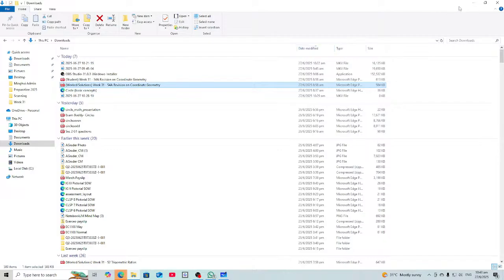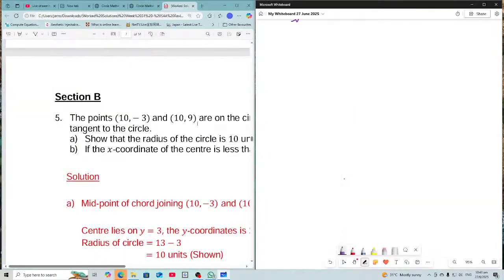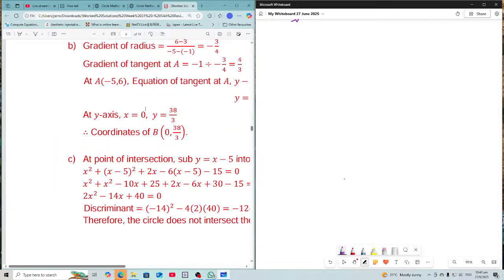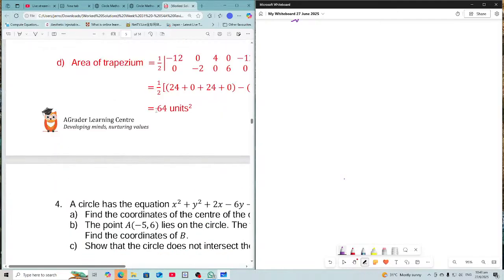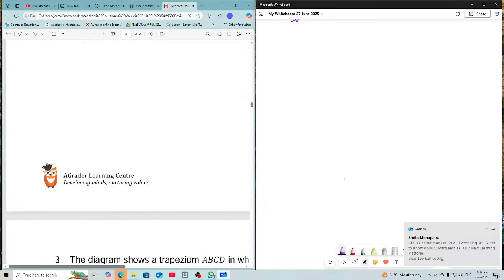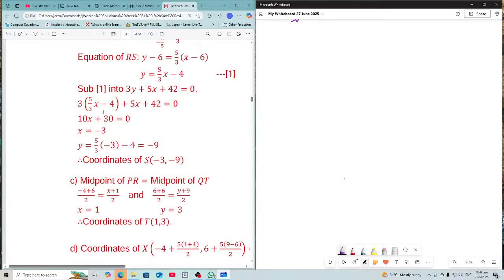Let me go through this review to explain. Coming back to our worksheet that you had, together with the solution. Let's have a look at it. Sorry, that's from the school.